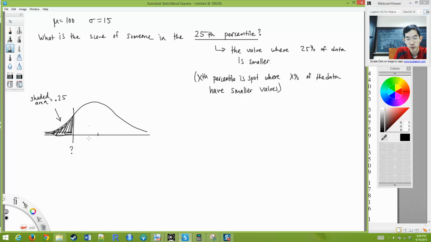We still have a mean of 100, and I just want to know what this score is so that the shaded area to the left is 0.25. So essentially I'm just going to work backwards.